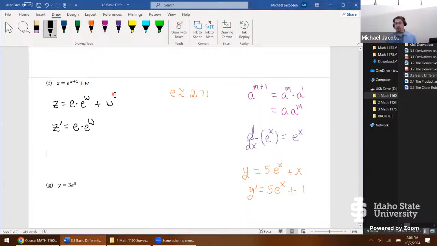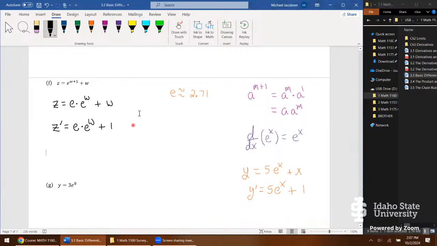Then differentiate w, and we get a plus 1. Again, pretty much what we did right here, but this was just a special function to help us visualize that result. So that's what the derivative would be for the function z equals e power w plus 1 plus w. Kind of a strange function. Any questions at the moment, folks, with part F?